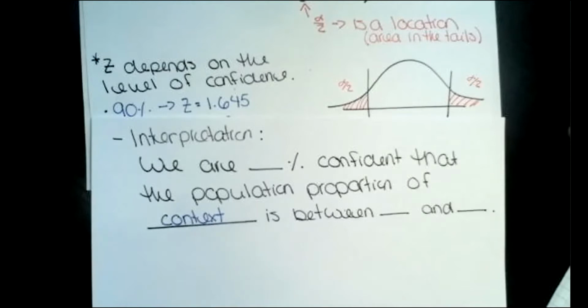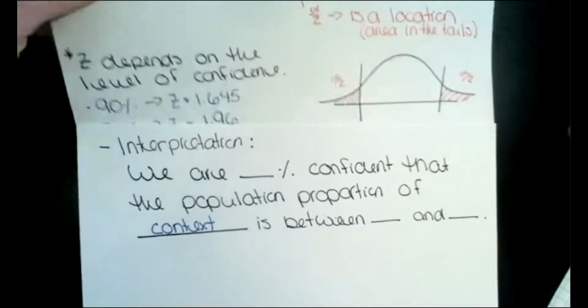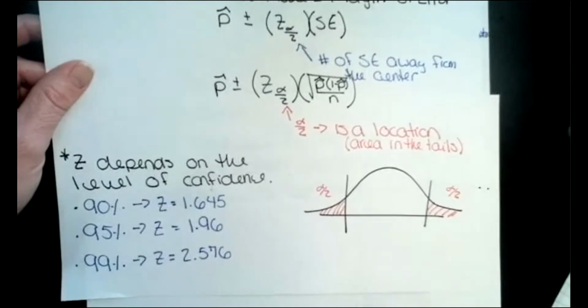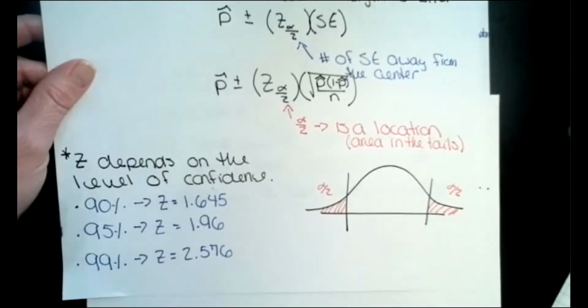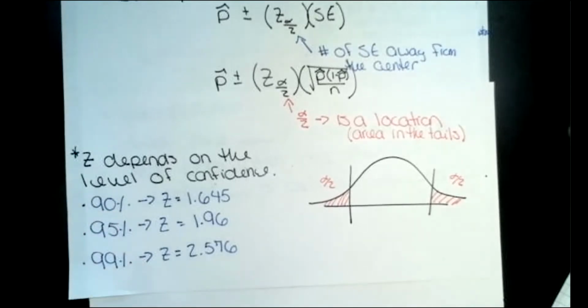I want you to keep in mind what we're doing when we're estimating this value. What we're saying here is that if I was to build 100 confidence intervals to find this value of P, and I was at a 90% confidence level, that means 90 out of 100.